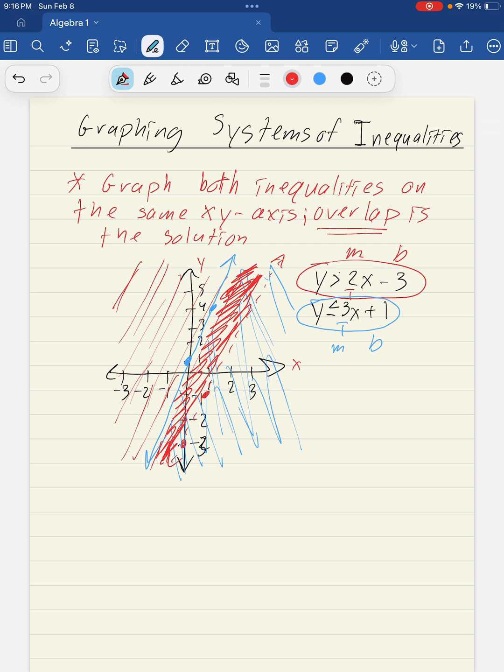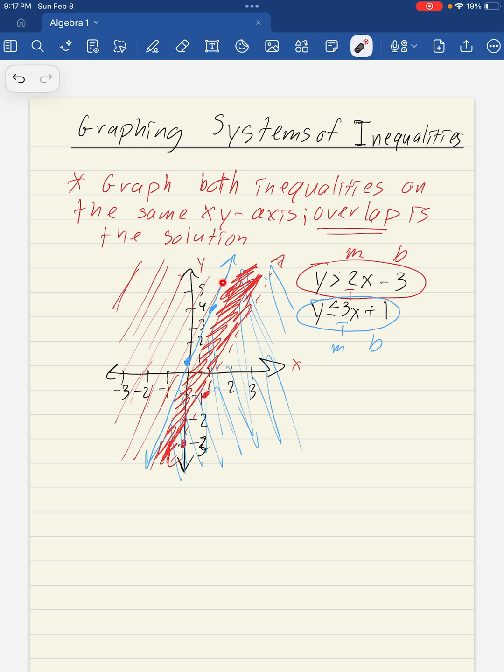And again, what does this mean mathematically? Any point in this dark section, or on the solid line bordering that section, which is this one, those ordered pairs would be solutions to this system of inequalities.